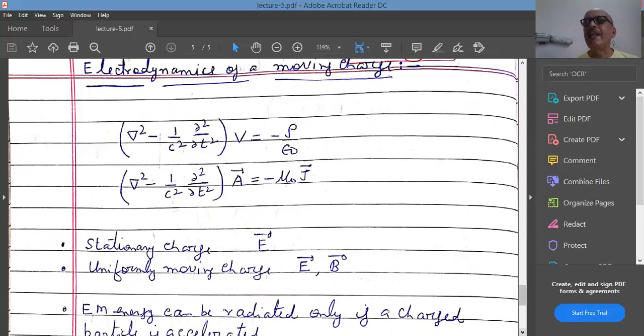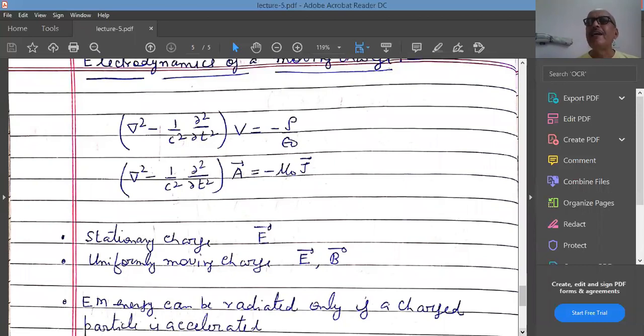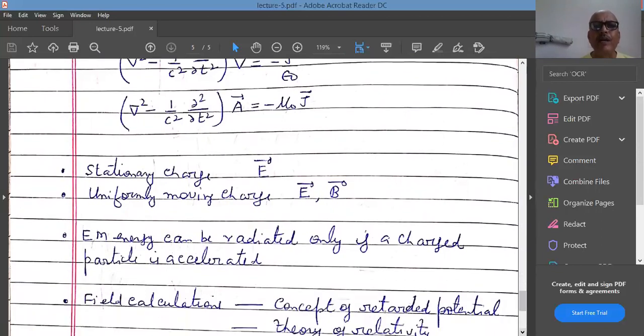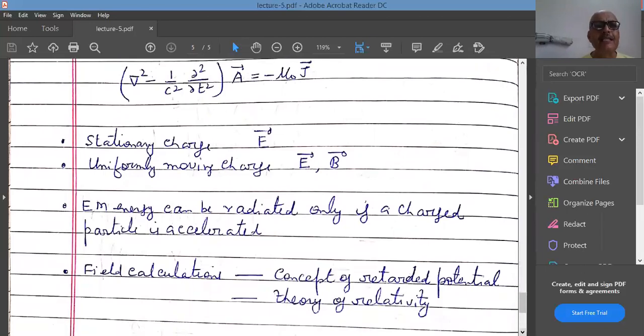These things will become clearer: what is the difference between radiation, why they are short range, and why the radiation is not prominent. The energy can be radiated only if the charged particle is accelerated. You will see that electromagnetic energy can be radiated only if a charged particle is accelerated.